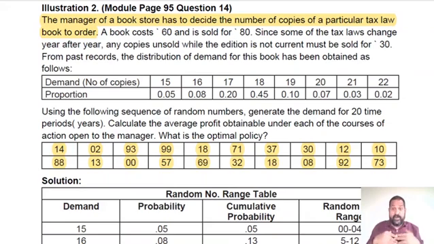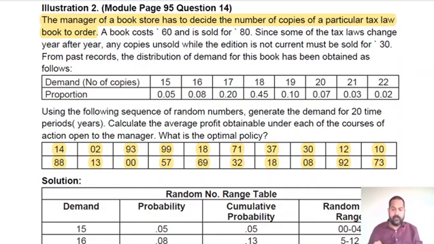So you have to tell him how many books to keep and then check how much profit he makes with that option. See, the demand is from 15 to 22. So if the demand goes from 15 units to 22 units, he can stock anywhere between 15 to 22 units. And exactly that is what they are asking you: how much should he stock.